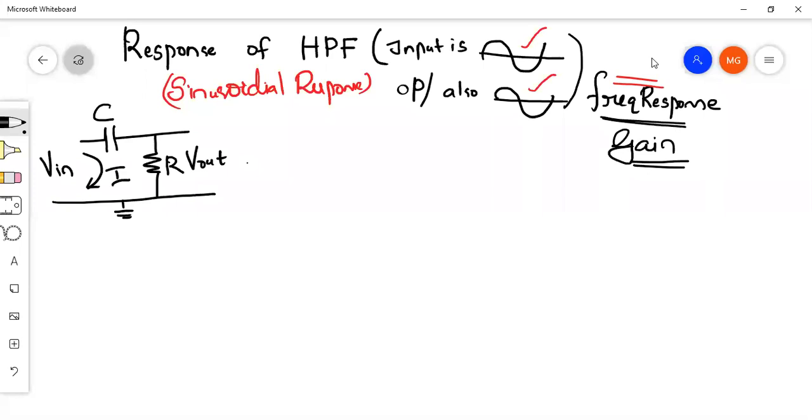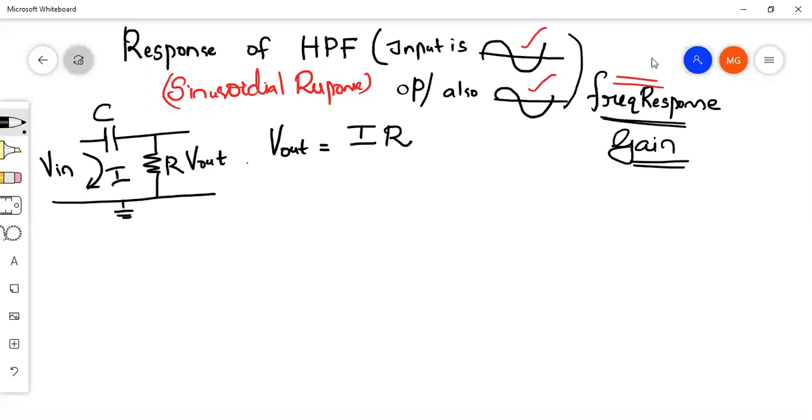So we need to calculate response of a high pass filter or sinusoidal response. Means output is sinusoidal, same time input is sinusoidal, and we are calculating frequency response or gain. So from this equation, first of all we will calculate what is the output voltage. Output voltage is taken across resistor, so we can write capital I into R.